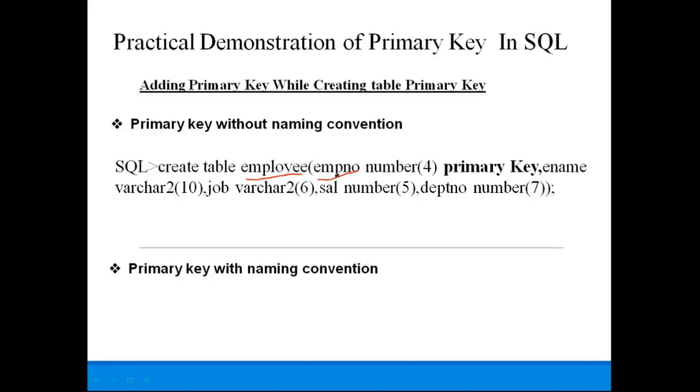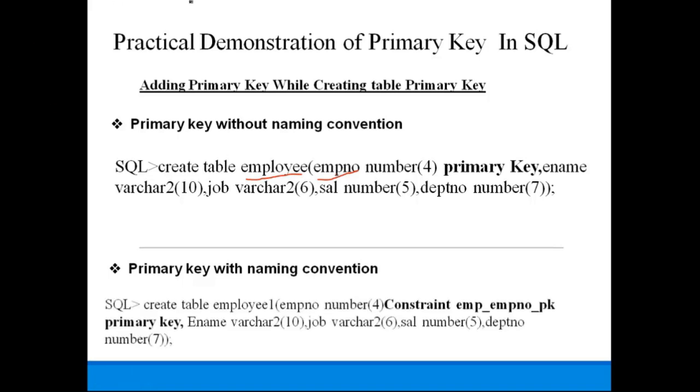We can again define the primary key in another method, that is primary key with naming convention. That means we can give a name to the primary key constraint while defining it. Again I create employee one table with employee number, data type, and constraint. Here I use the constraint keyword.